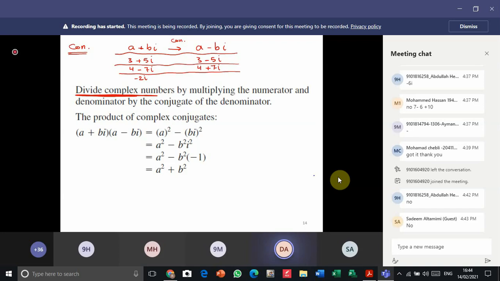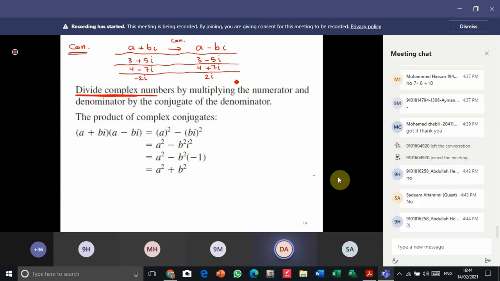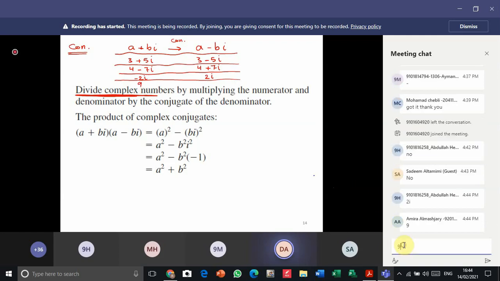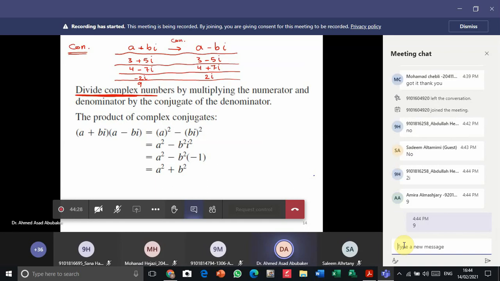So what does the conjugate equal? 2i. If we have only a real part, for example 9, what's the conjugate here? What is the conjugate of 9? Good, 9.